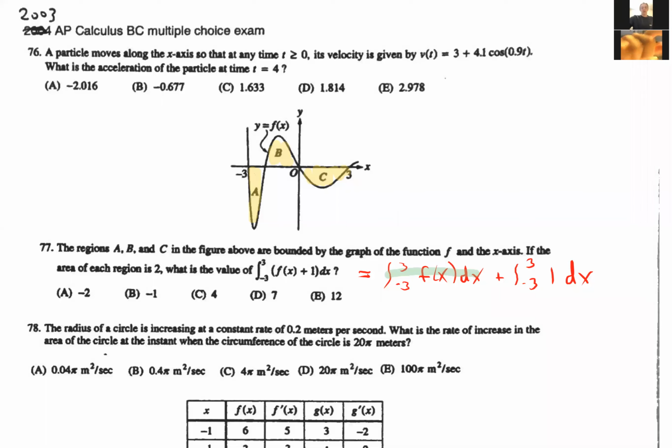I'm going to say this is -2 right here because it's under the x-axis. For this integral, it's going to be +2, and then this is going to be 2. So when you add up -2 plus 2 minus 2, that's just going to give you -2.